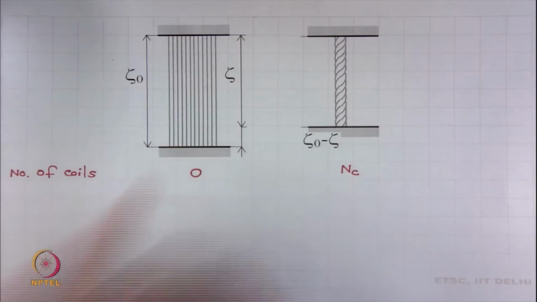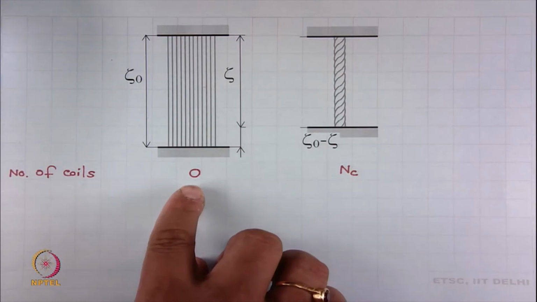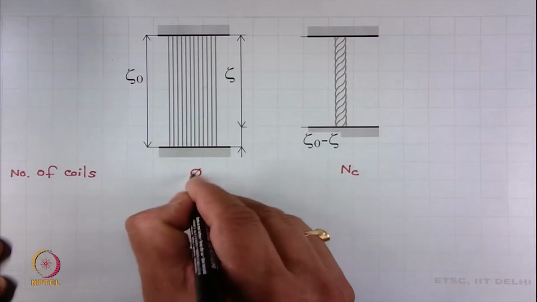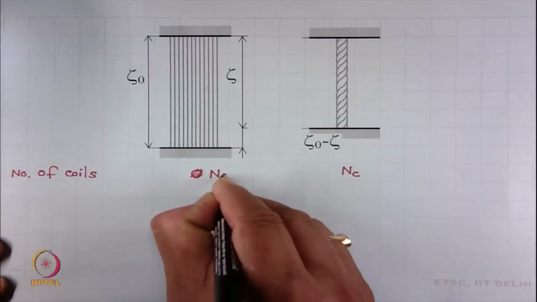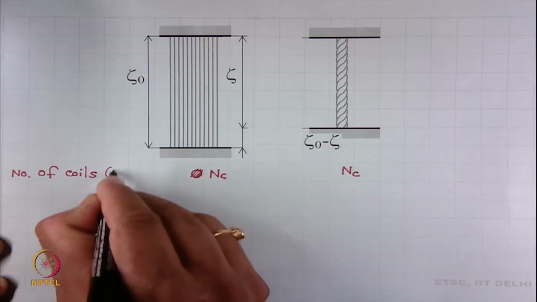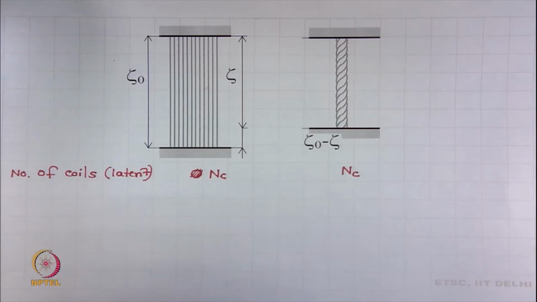So, we think that these number of coils are present here also. So, the number of coils we write here as NC. You can write here, imaginatively, this number of coils was latent, they were expressed later on.